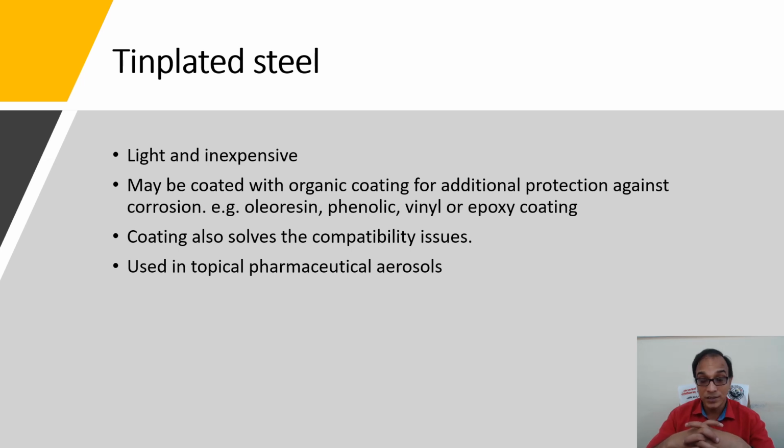It may be oleoresins, phenolics, vinyl or epoxy coating. Coating also solves the compatibility issue. When you coat the internal structure, the intimate contact of propellant and container won't affect the overall quality, performance or stability of the entire aerosol system and the drug delivery.